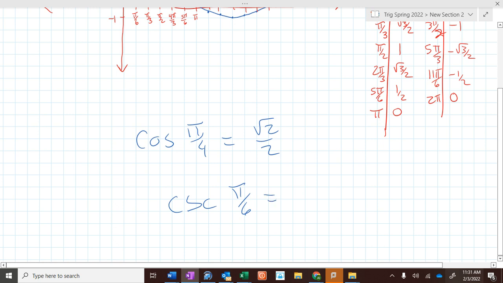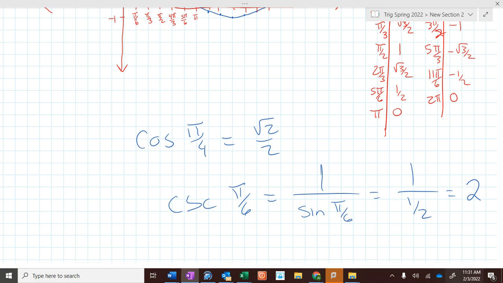Ooh, that's just a little bit harder. The cosecant of pi over 6 is 1 over the sine of pi over 6. What's the sine of pi over 6? 1/2, so the cosecant is 2. Okay? So you'll be doing some of that.